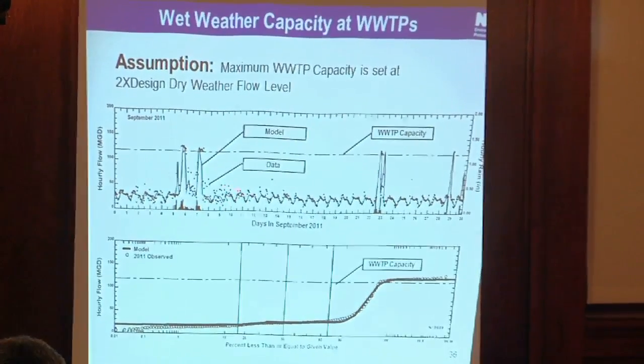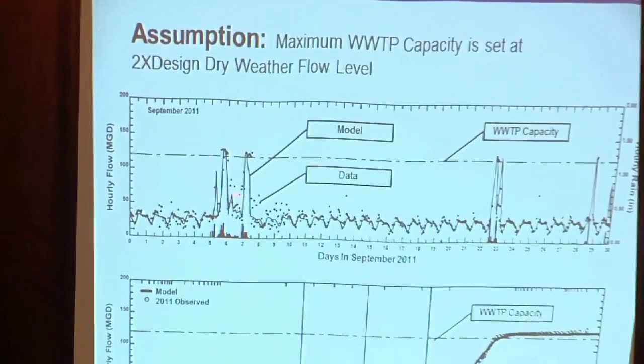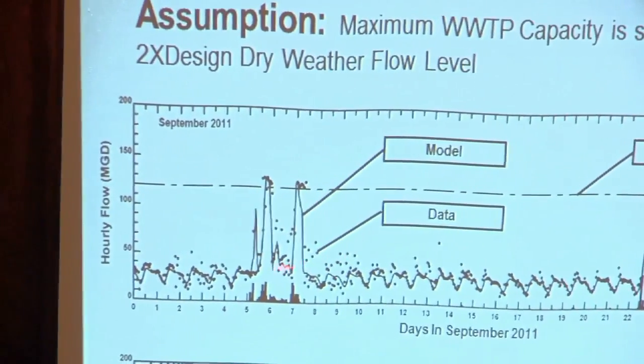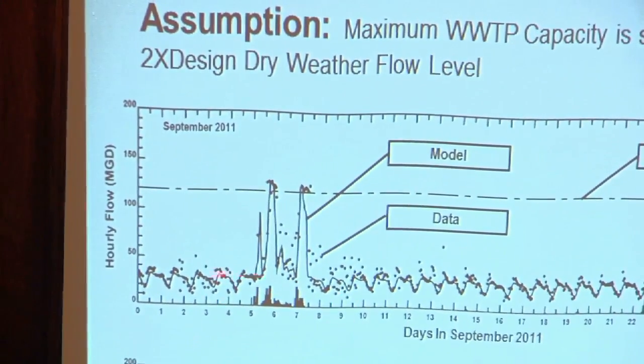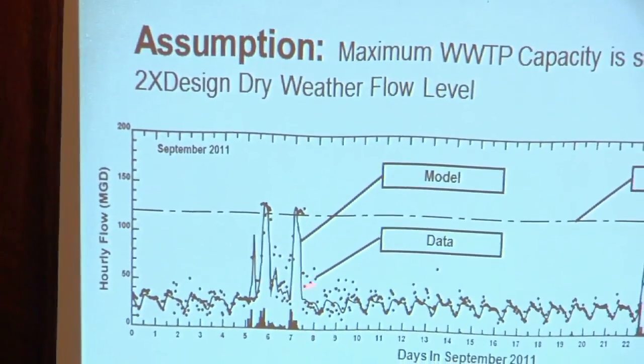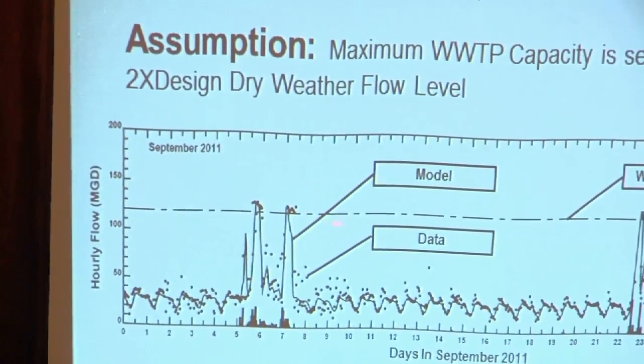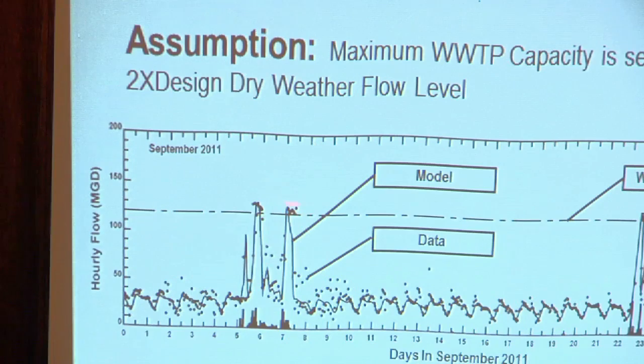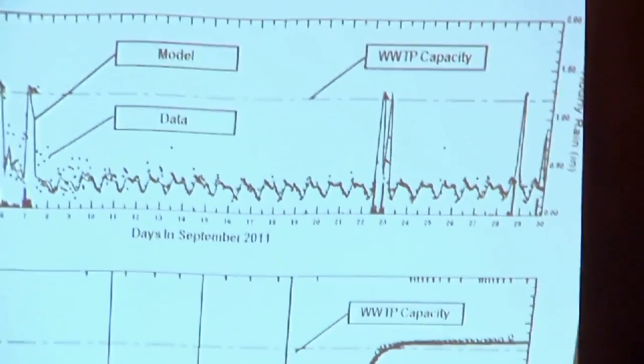The dots are the measured values, and the solid line is the modeled value. So generally, for the rain events, we are hitting 2 times design dry weather flow, either at that level or in excess at this treatment plant. So on an annual basis, we show a comparison between monitored and modeled data. Again, you see a decent correlation, and then going in excess of the 2 times design dry weather flow value.